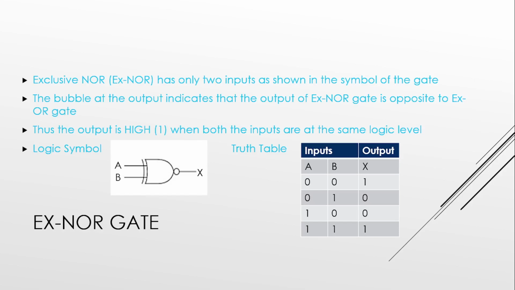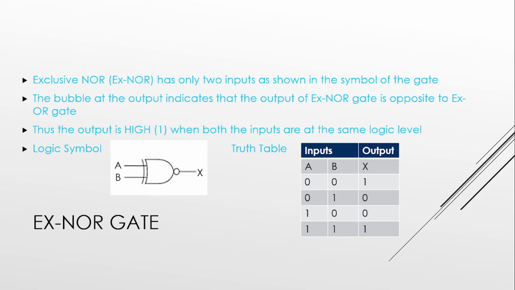In this way, we discussed three basic gates: NOT gate, AND gate, OR gate. It is important to note that the NOT gate has one input and one output, while the OR gate and AND gate have two or more inputs and one output. The NOT gate represents the logical operation known as inversion. That means logic 1 changes to logic 0, and logic 0 changes to logic 1.